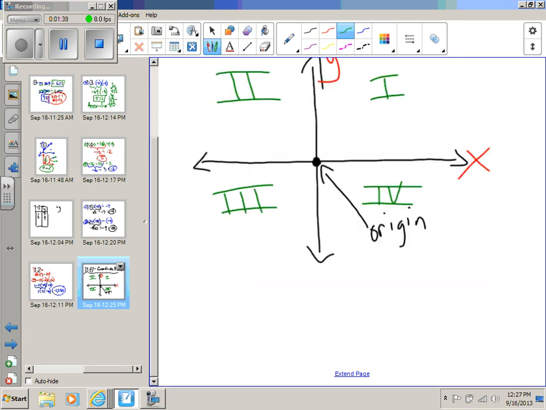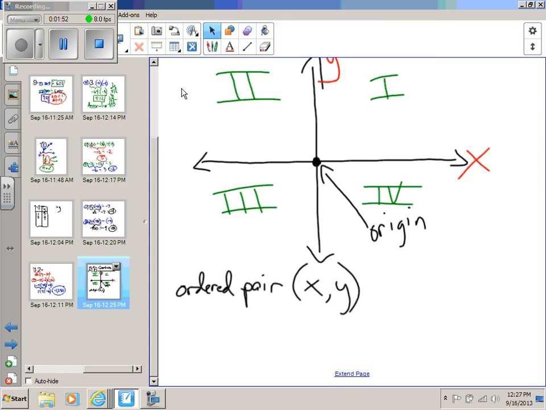They also mention what's known as the ordered pair. And the ordered pair is x comma y, meaning that the first number listed in your ordered pair refers to where you are on your x-axis.